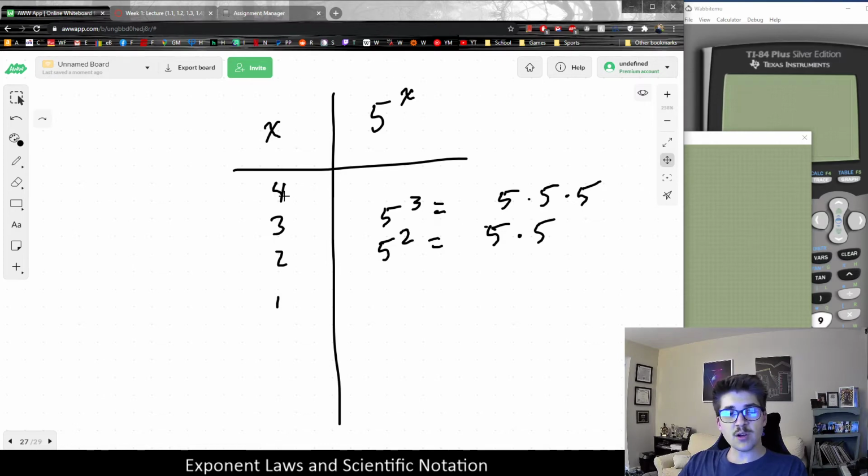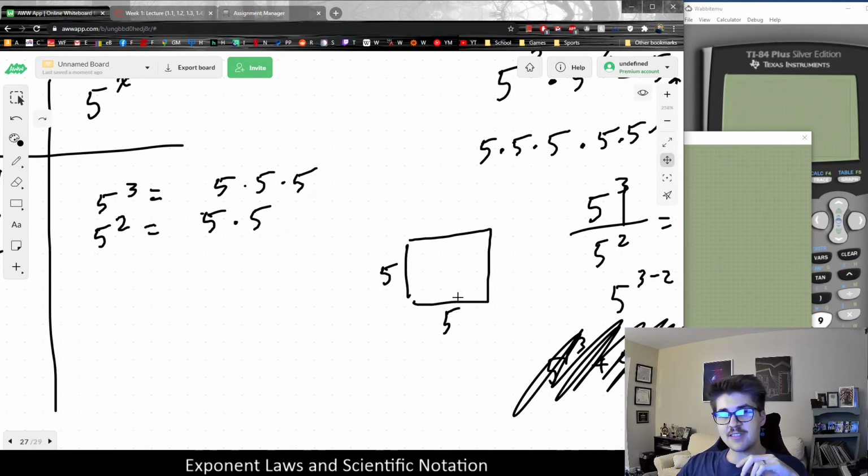And if you've ever wondered why these things are called squaring and cubing, it's because it relates back to the area formula for a square. If you think about a square which is 5 by 5, the area of such a square would be 25 square units.